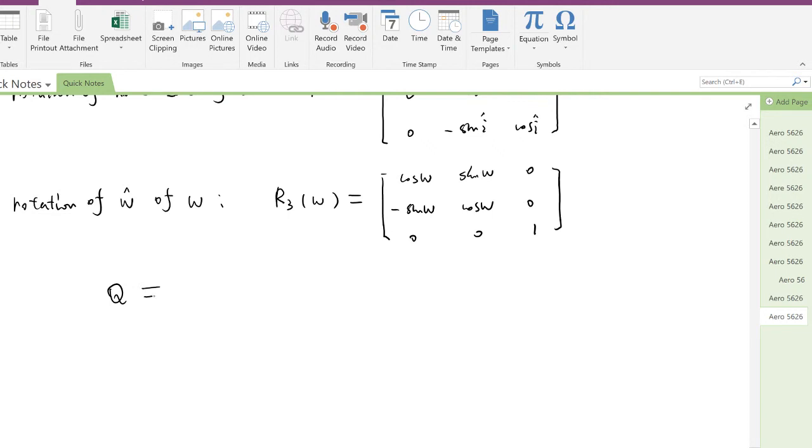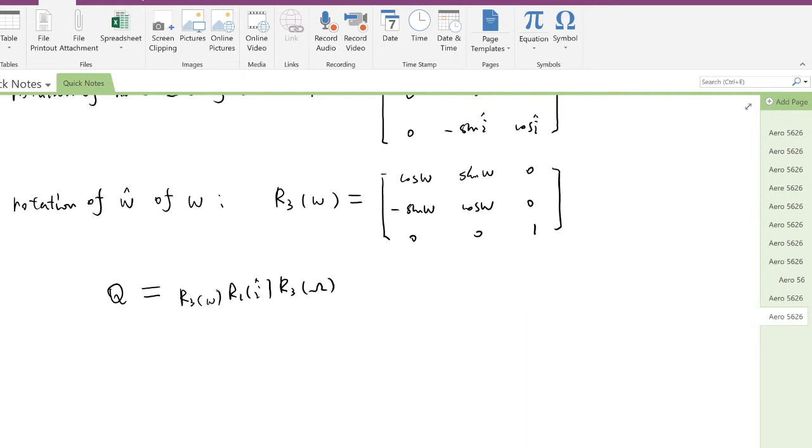For the rotational matrix, the first is R3 of capital omega. The second is R1 of angle I. The third is R3 of angle small omega.